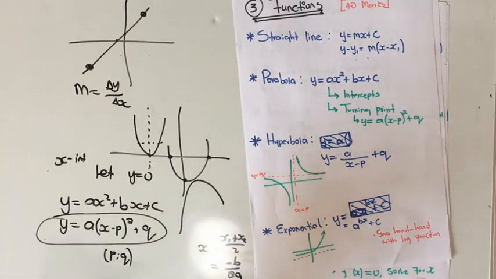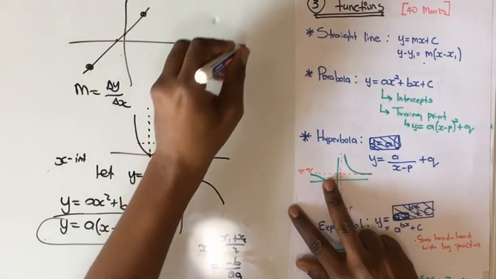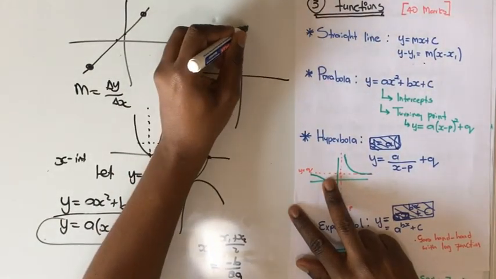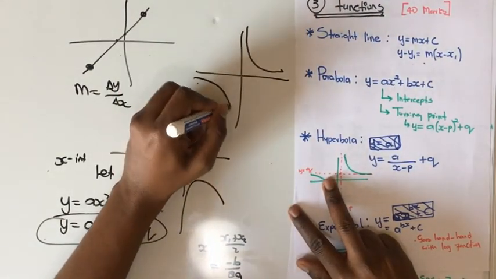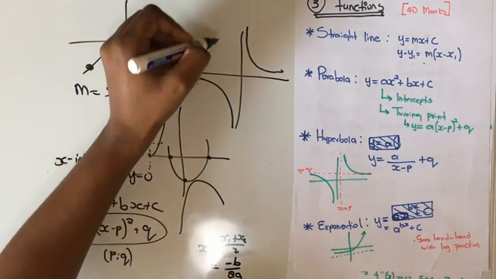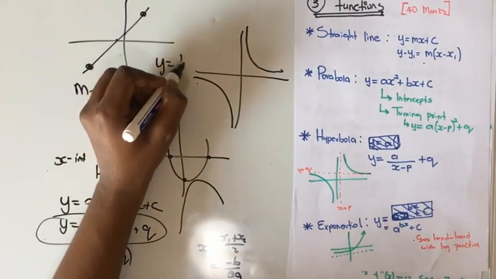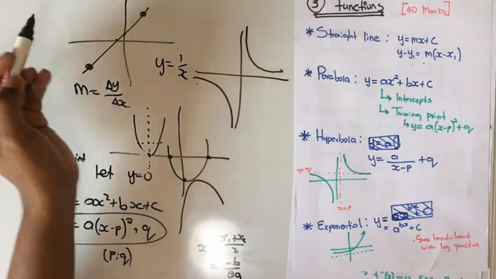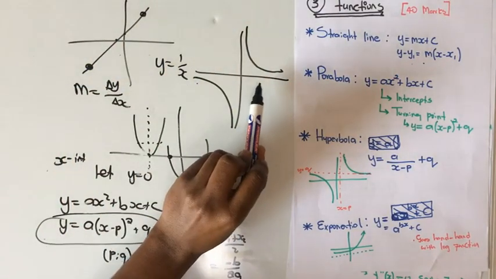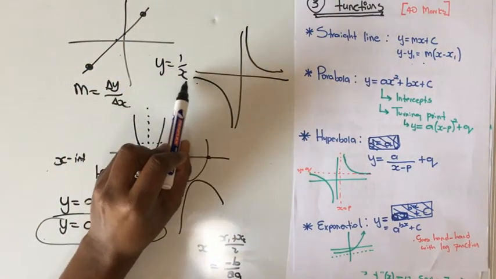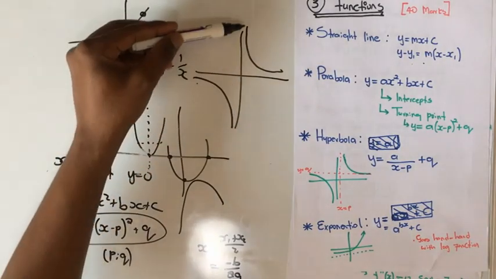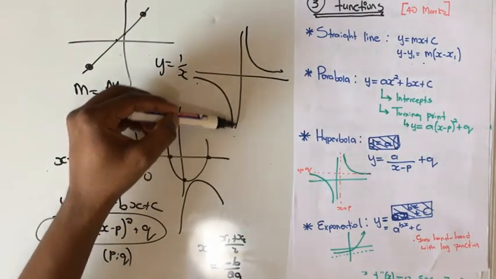For example, if I'm given the normal function 1 over x, if your x is 0, this thing is undefined because of dividing by 0. That's why we have our asymptote there.